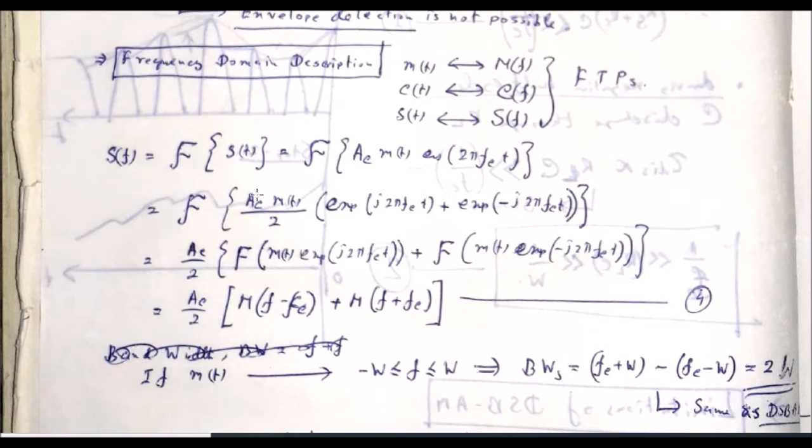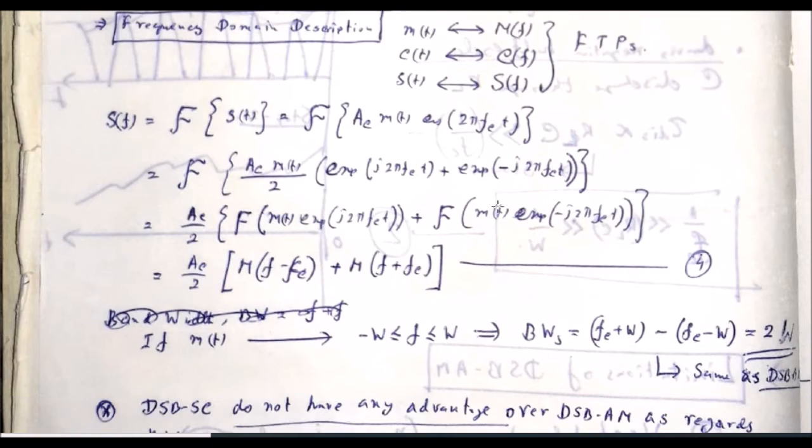Taking the constant term Ac by 2 out, you should have these two different terms within this bracket after doing the multiplication inside the bracket. It is the distributive property, simple.